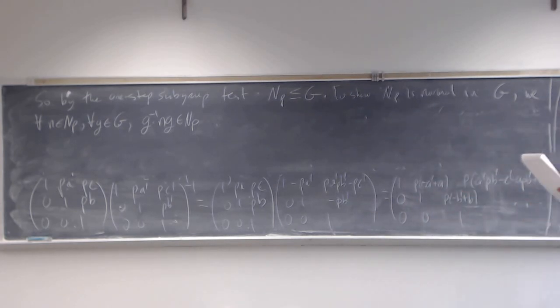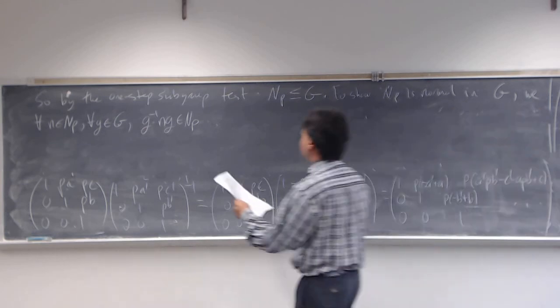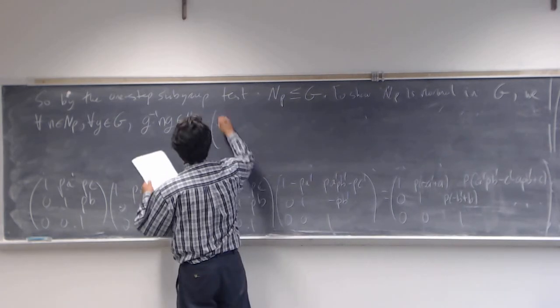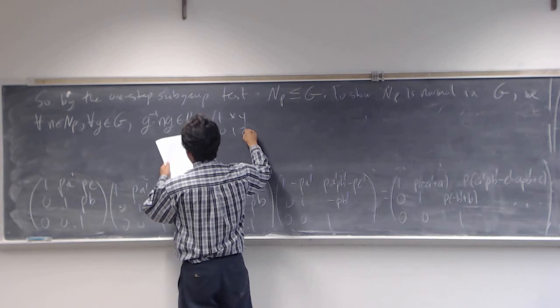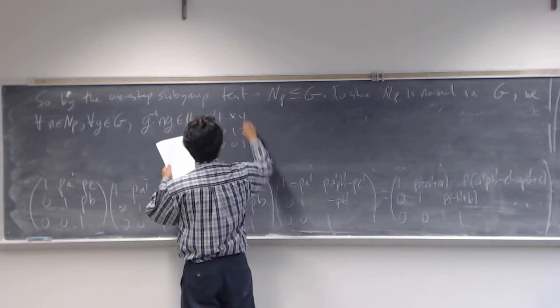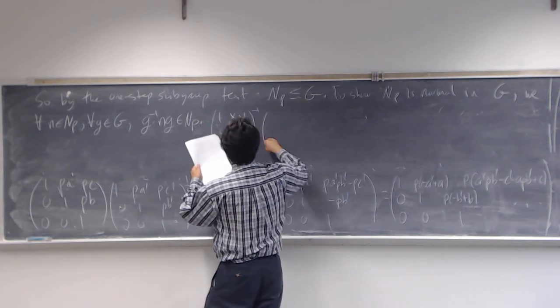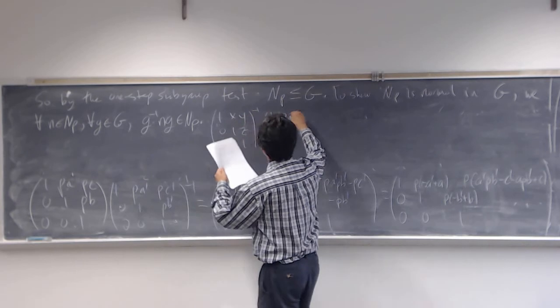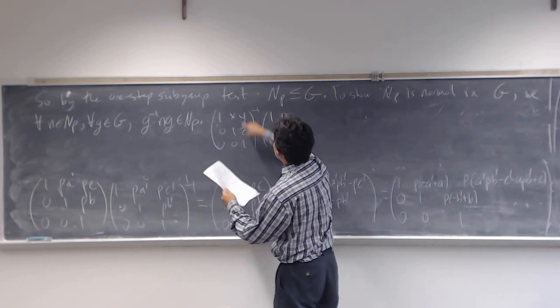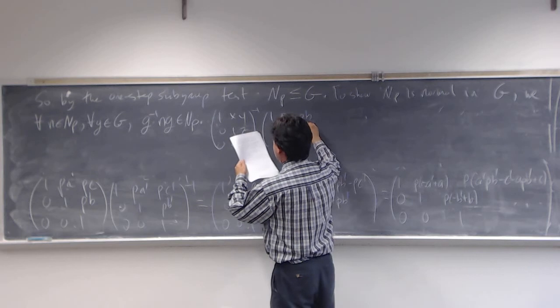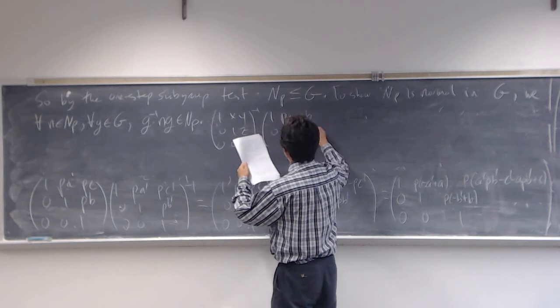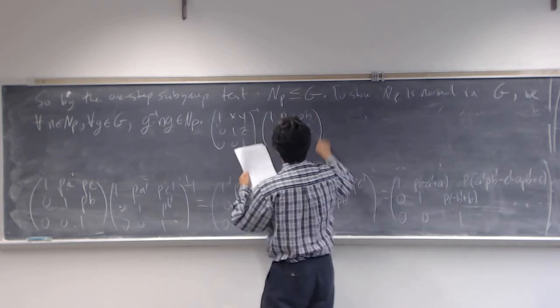So let's see why this is the case. If we look at one element, and I'll use x, y, and z, times the inverse of the typical element of the group, times an element in the set.